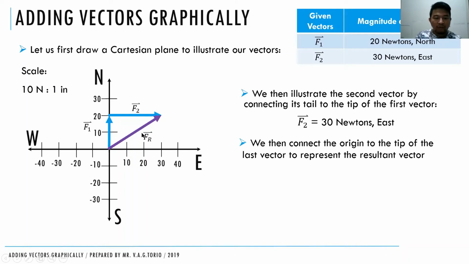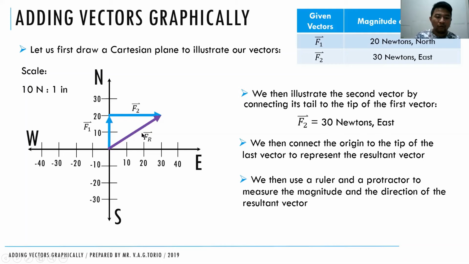And for us to be able to finally describe our resultant force using magnitude and direction, as we know, force vectors in general are described by both magnitude and direction, we can use a ruler and a protractor, since what's introduced in this particular discussion is graphical method of adding vectors.